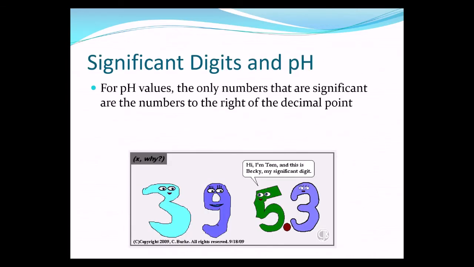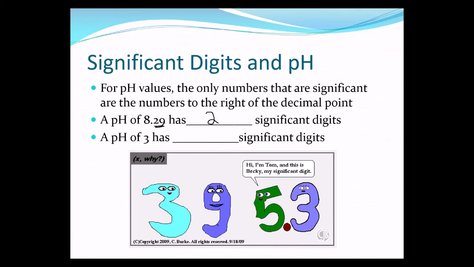Now, significant digits. For pH values, the only numbers that are significant are the numbers to the right of the decimal point. So this has 2 numbers to the right of the decimal point, so it's 2. This has no numbers to the right of the decimal point, so it's 0. It's just a special thing with pH.